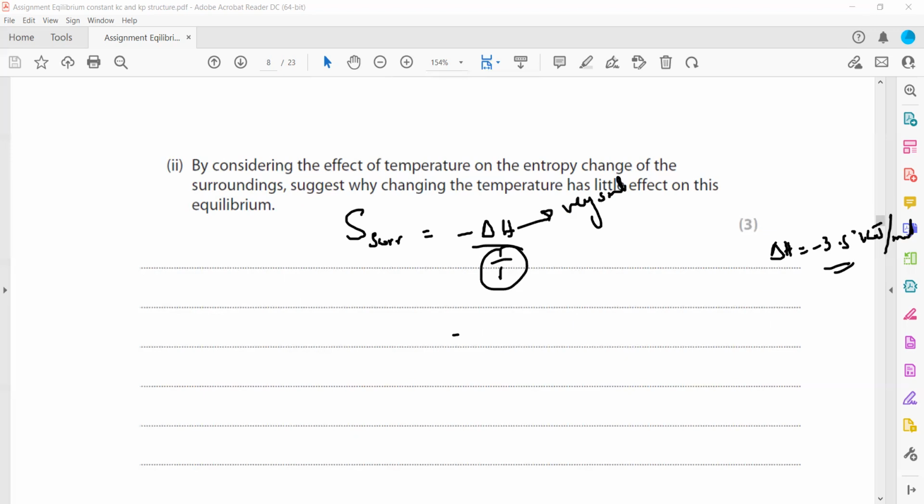So the entropy change of the surroundings is very small. A change in temperature won't affect it much, because the total entropy is equal to the entropy of the system plus the surroundings, and the surroundings is minus delta H by T. Since delta H is very small, the entropy change of the surroundings will not change a lot.